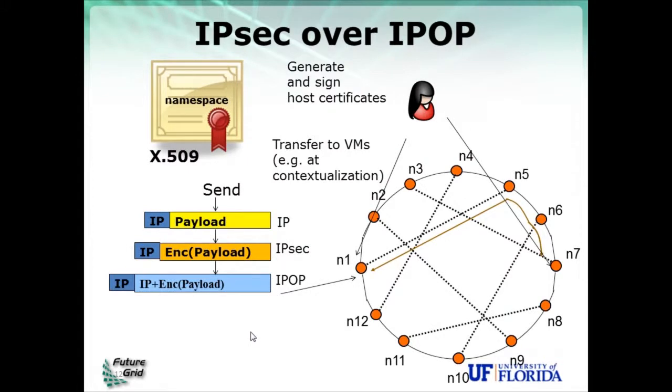So in this model, again, Alice here generates and signs host certificates. Let's say that there's a user that's deploying a virtual private network across multiple instances, or a middleware that deploys virtual private network nodes across multiple clouds on behalf of a user. So this trusted entity generates and signs host certificates, the X509 standard, binding the namespace of the IPOP VPN as part of the signed certificate.